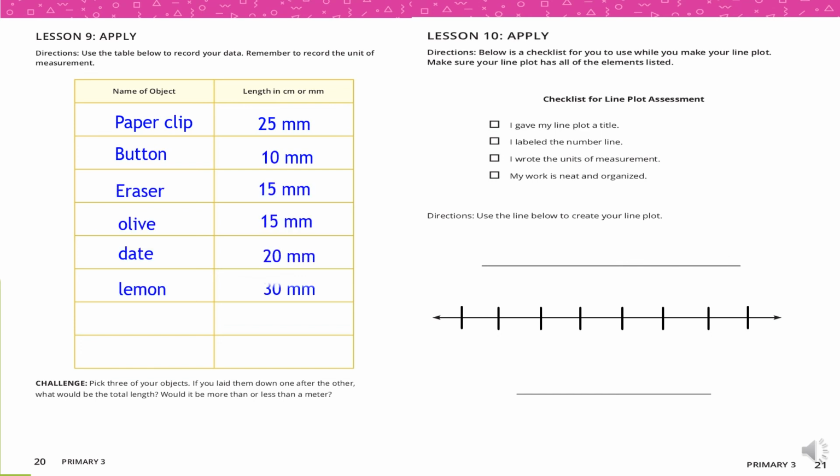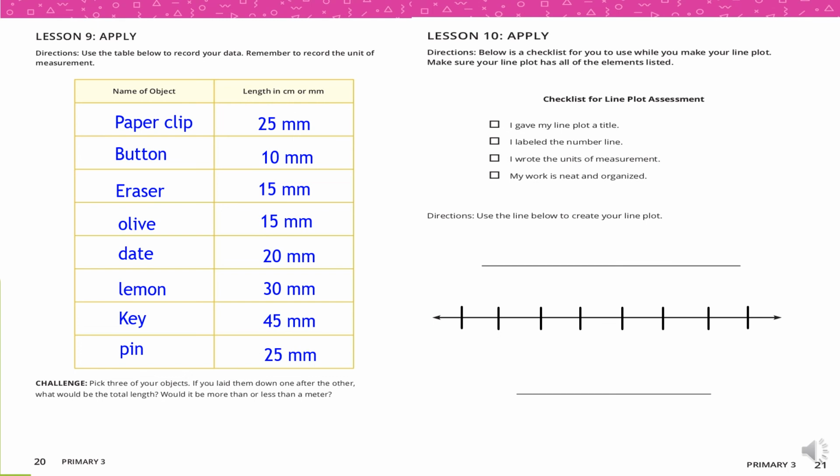Button, 10 millimeter. Eraser, 15 millimeter. Olive, 15 millimeter. Date, 20 millimeter. Lemon, 30 millimeter. Key, 45 millimeter. And the last one, pen, 25 millimeter.